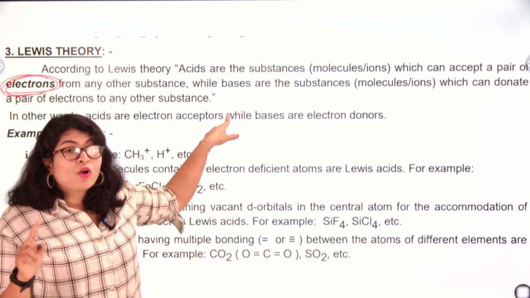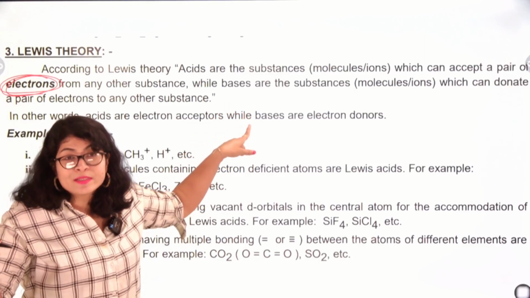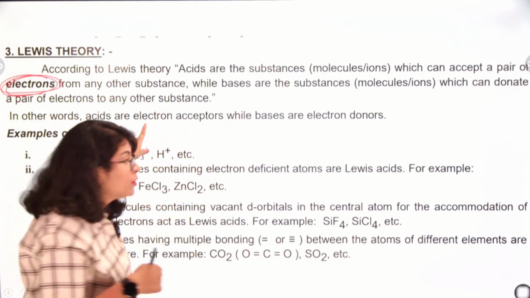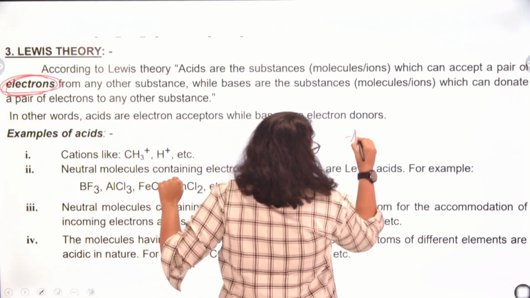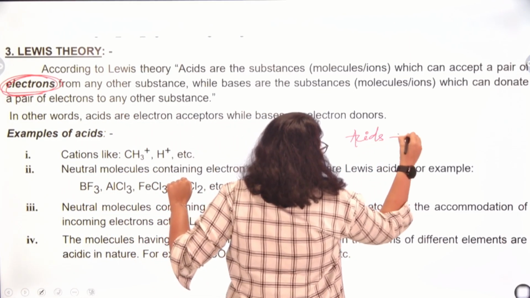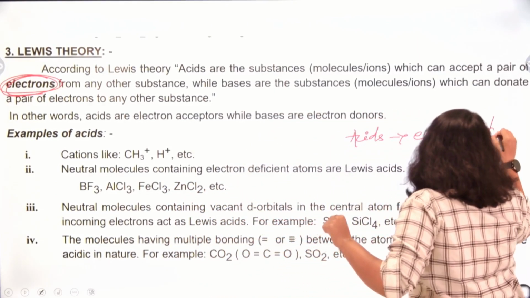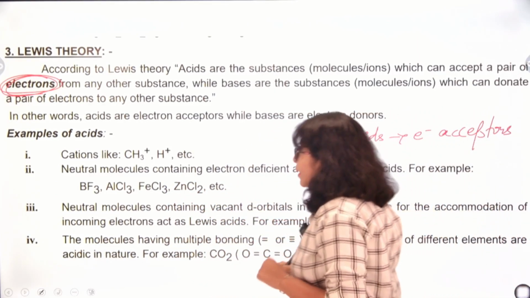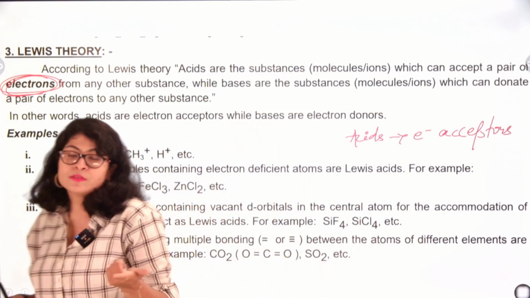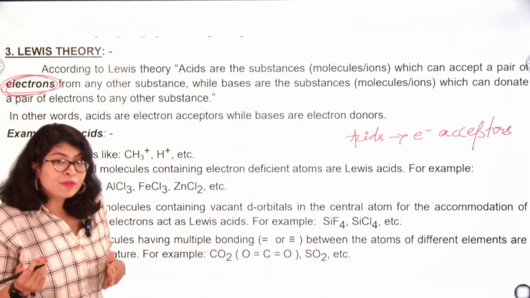Acids are here not H plus donors, acids are electron acceptors now. And bases will be the opposite ones, that they will be donors of electrons.